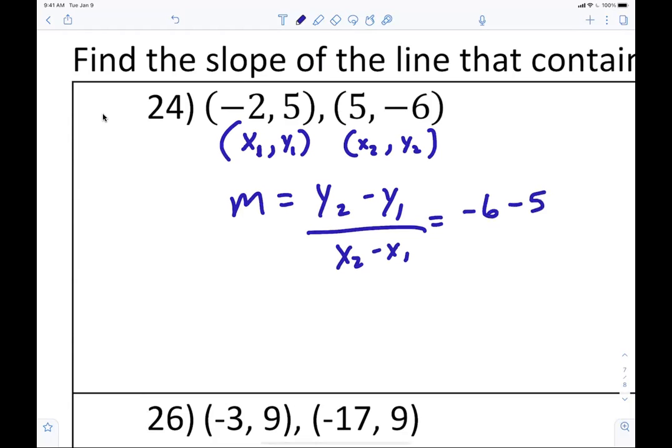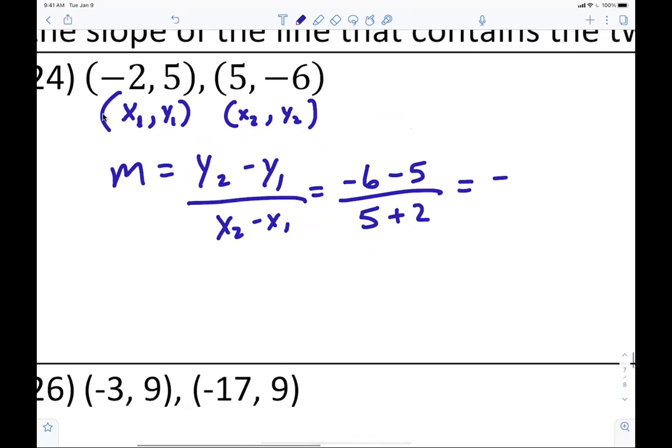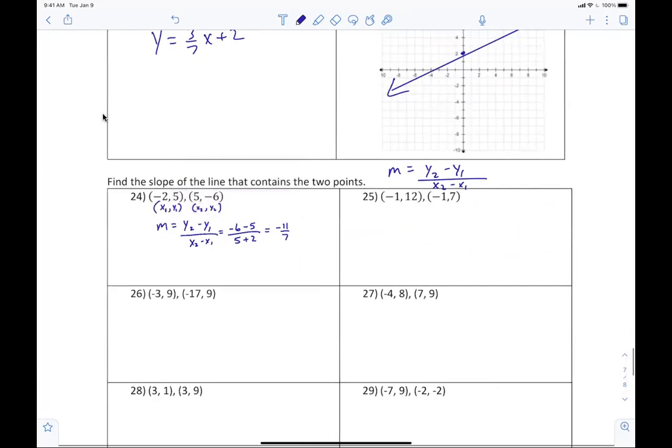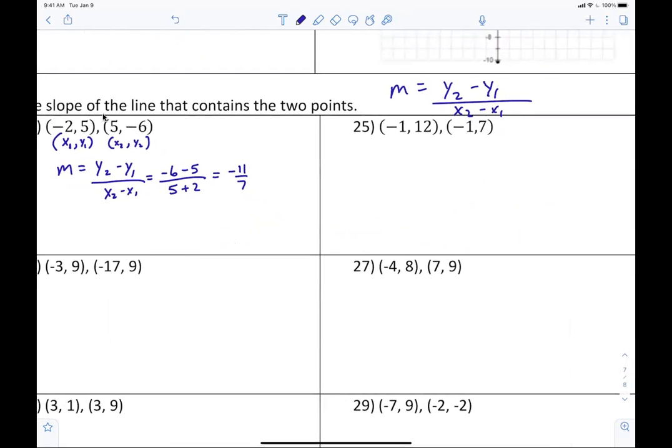So then it's just m equals -6 minus 5 over 5. And don't forget, it's not minus negative. It's just plus. So I have -11 over 7. All right, everybody try 25 real quick.